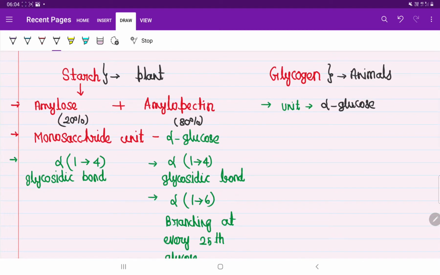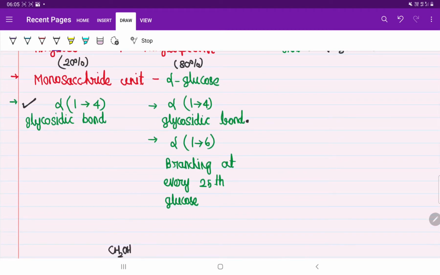Now, amylose has alpha glucose linked by alpha 1,4 glycosidic bonds. In amylopectin, between two alpha glucose an alpha 1,4 glycosidic bond is present, but they have branching also at every 25th glucose residue, and this branching is an alpha 1,6 glycosidic bond.